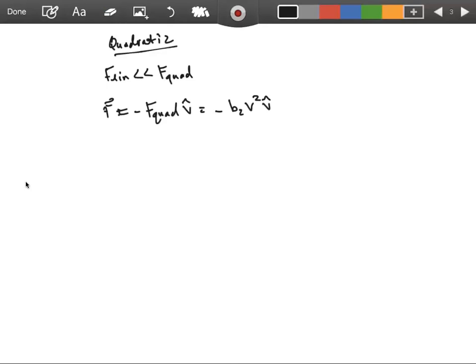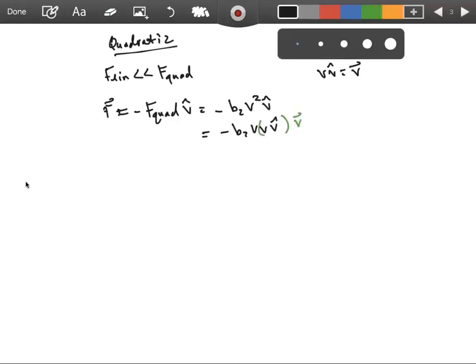Now, I can rewrite this in terms of the v vector like I did previously, by noting that v times v hat is the same thing as the v vector. So I can pull out one of the v's. This is the same thing as minus v2 times v times v times v hat. Grouping these two together, that's the same thing as the v vector.